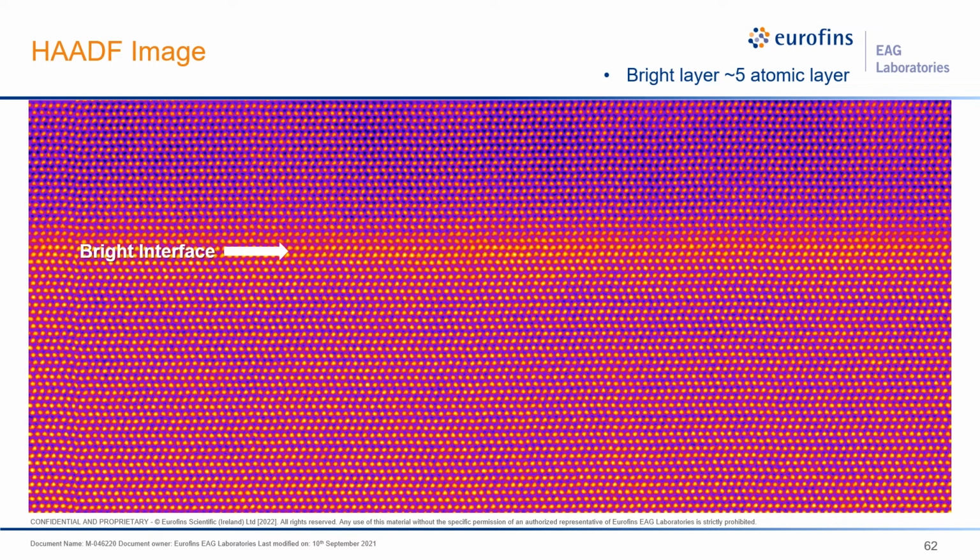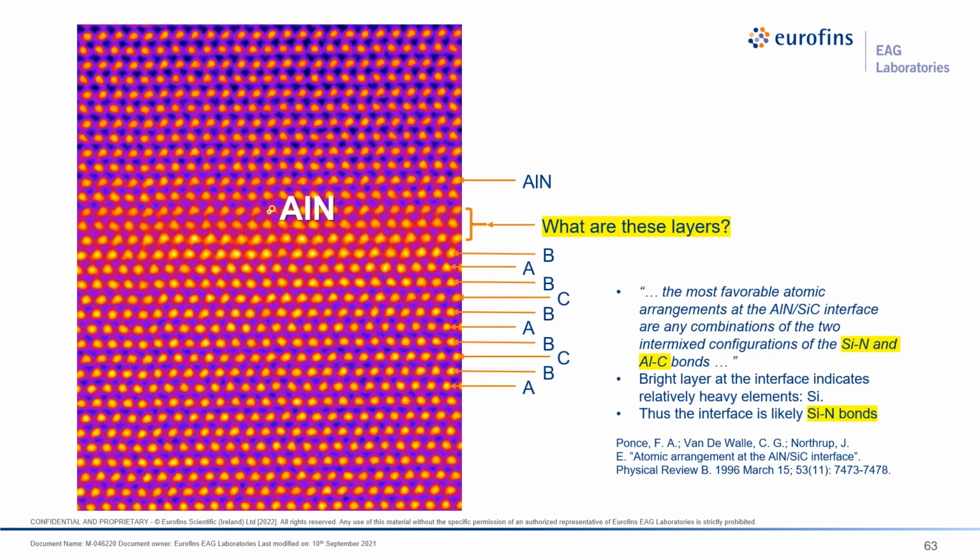There's about a 5-atomic-layer interface. If you do the A, B, C configuration study and look into the literature, this interface is most likely silicon nitride bonding over here, right? So basically, you can do interfacial study these days with TEM analysis.